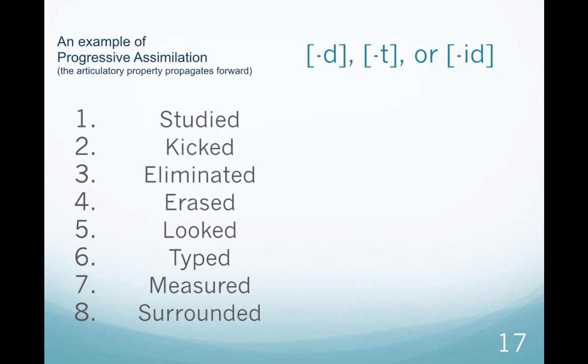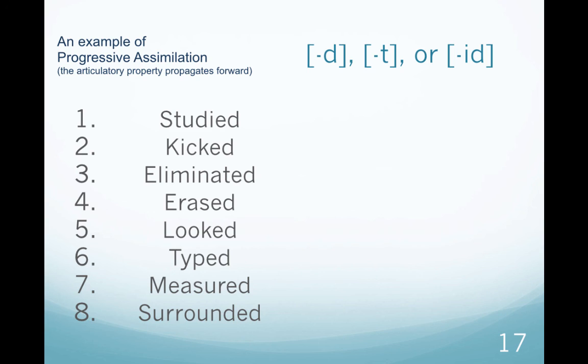A very similar example of progressive assimilation happens with the pronunciation of the ed for regular past in English. This is one of the most difficult things that ELL students have to master. And this is one way that you could help them master this. The rule goes like this.